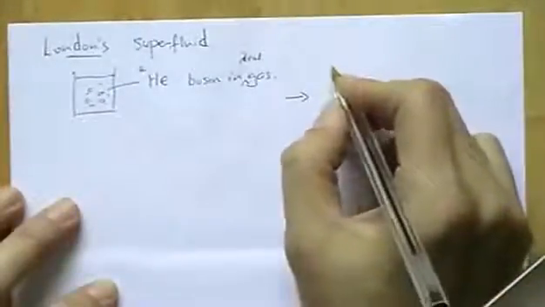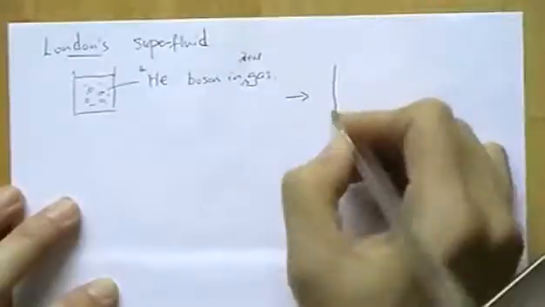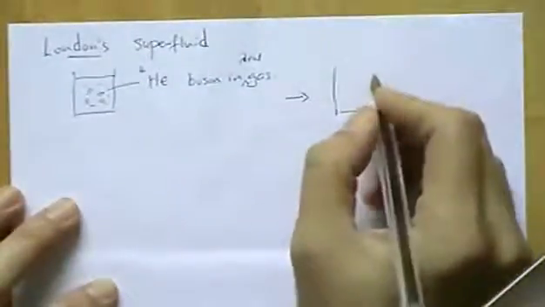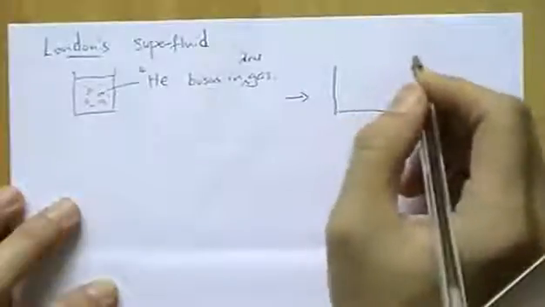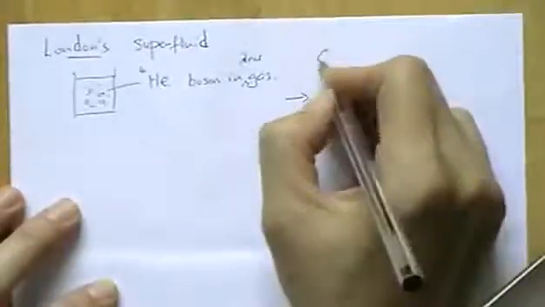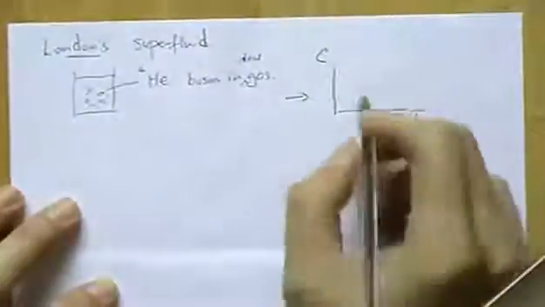that the heat capacity of this system, this boson gas, plotted against temperature, looks like this.